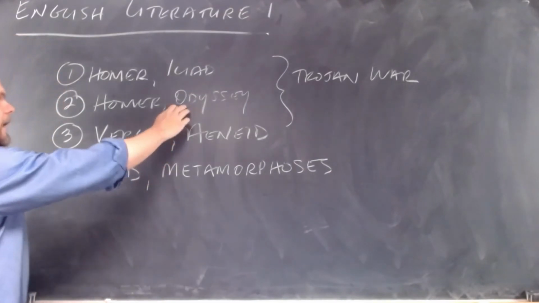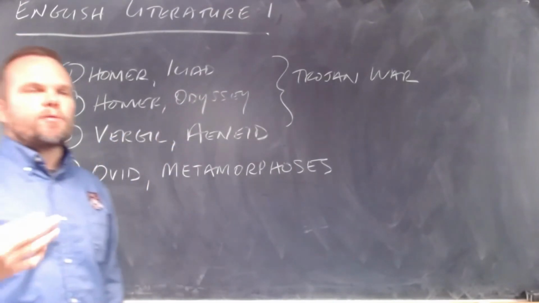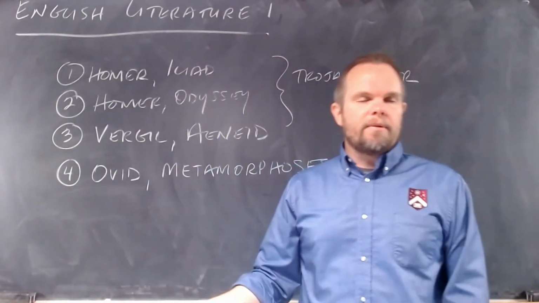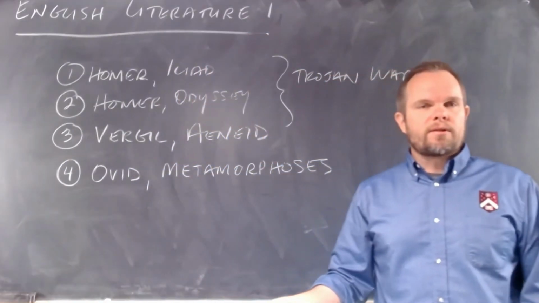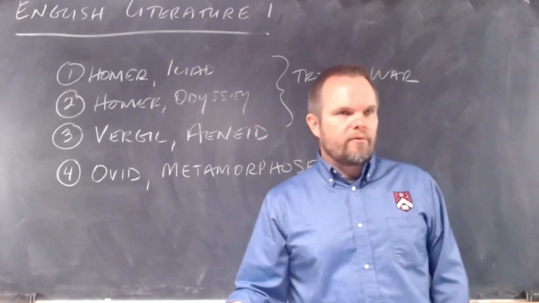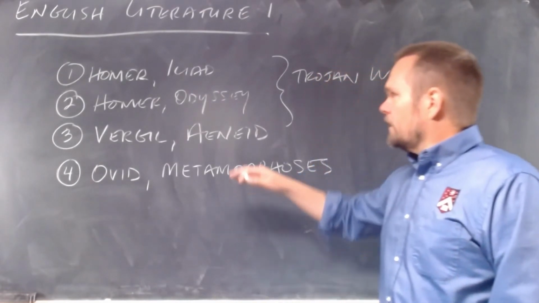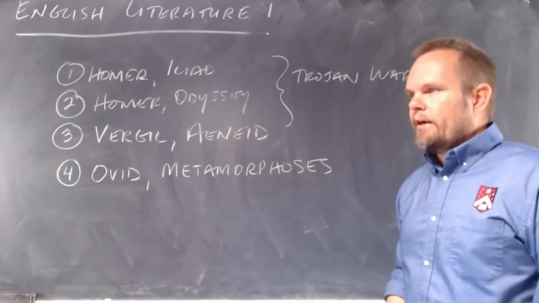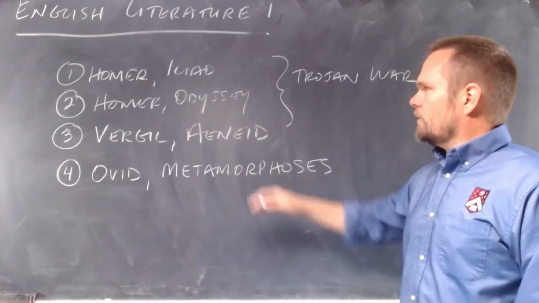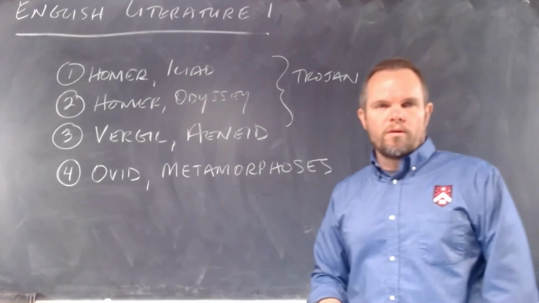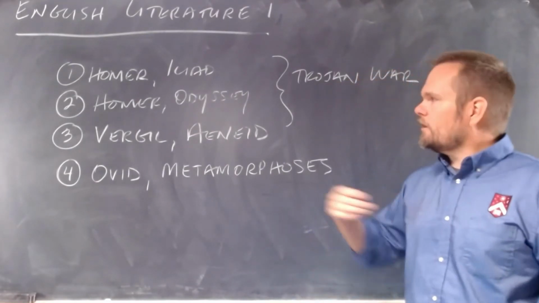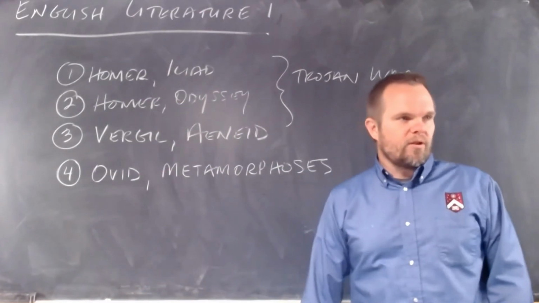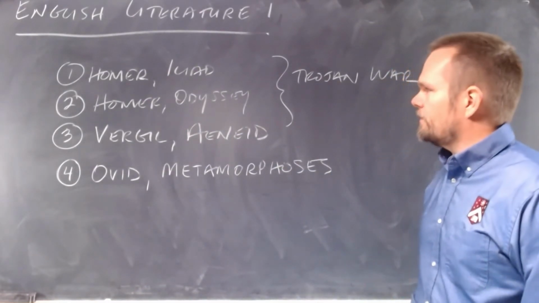The Odyssey actually talks about what happened after the Trojan War, when the war was over and one of the famous Greek soldiers, Odysseus, returned home from war. The Odyssey is named after the main character, Odysseus. So it's his return home after the war. And personally, this is my favorite story in all of literature, Homer's Odyssey. I think you're going to love it.